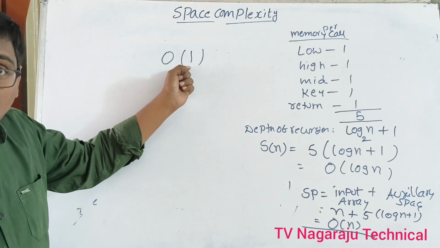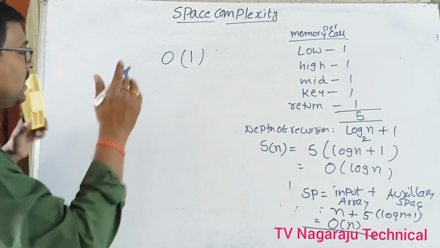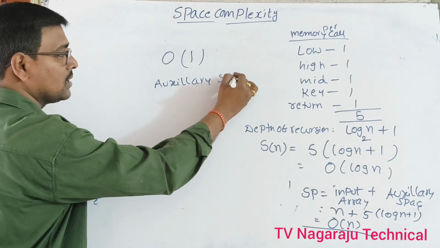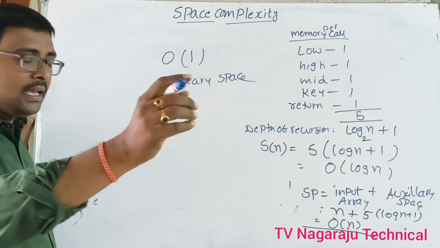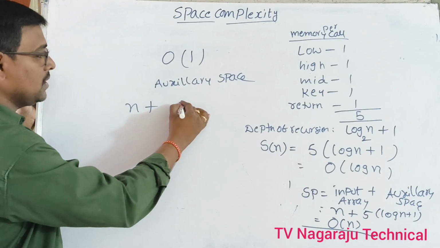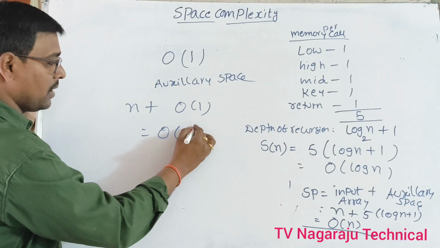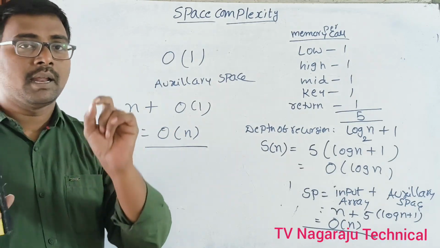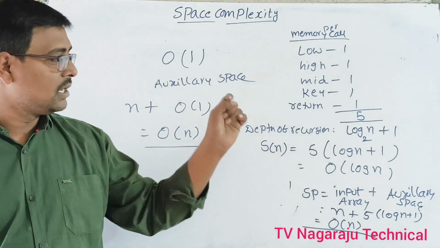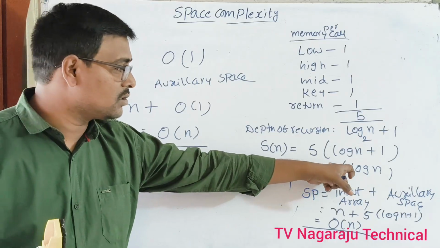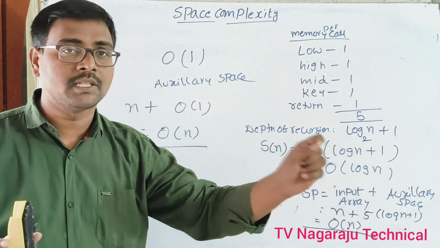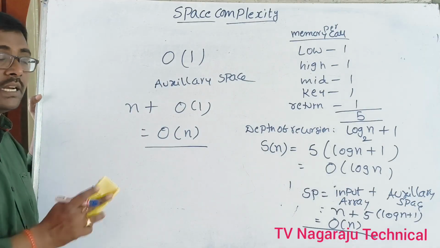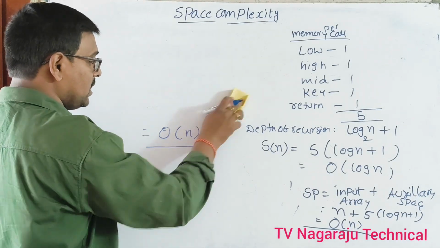The big O of log n is only the auxiliary space. If the input array is also considered, n plus big O of log n is big O of n. But again I repeat, generally we represent only the auxiliary space. So big O of log n is the space complexity for recursive binary search, and big O of 1 is the space complexity for iterative binary search.